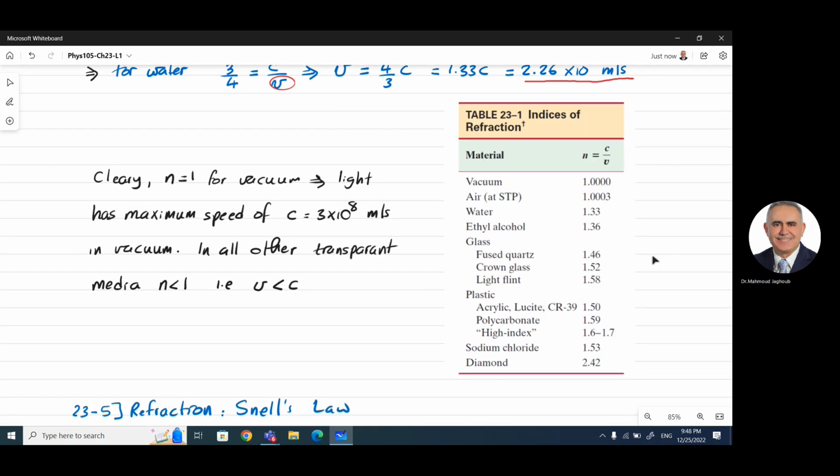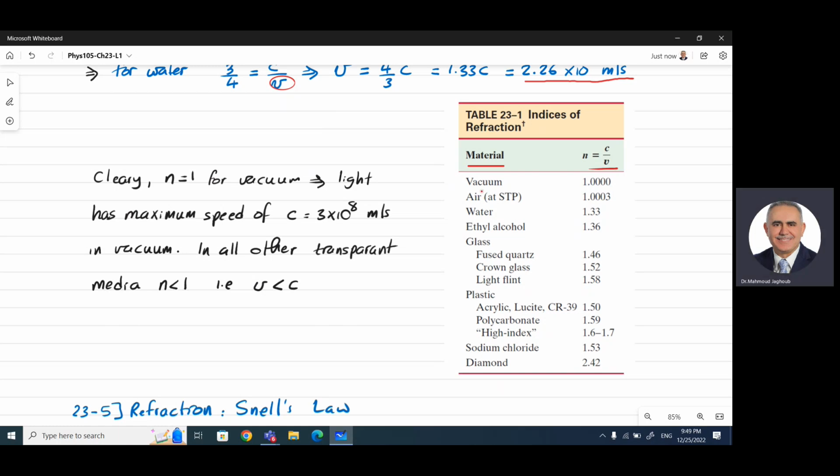This table shows the material and the index of refraction, which is c over v. For vacuum it is 1.